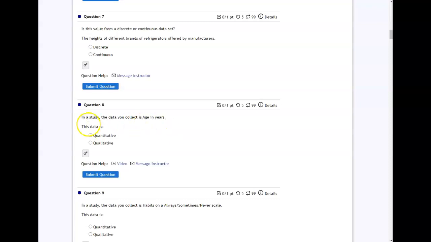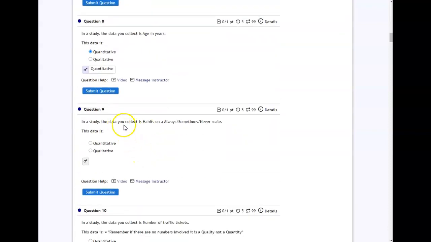So here, the data you collect is age in years. That is going to be quantitative. The data you collect is habits, as in always, sometimes, never. Those are labels, so that would be qualitative.